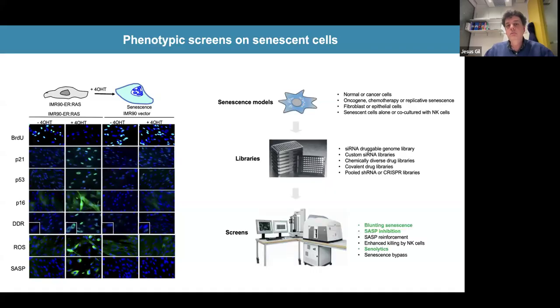And we do all types of screens, both pooled screens, in which we check what's happening in a population of cells, and we will just use RNA-seq to try to see for enrichment or depletion of CRISPR or shRNA vectors. But we also use a lot these high-throughput microscopy-based assays, where we can monitor in 96 well plates what is happening when we add different drugs or different siRNAs to senescent cells. And we look for different senescence phenotypes, and I will talk about some of these during the talk.